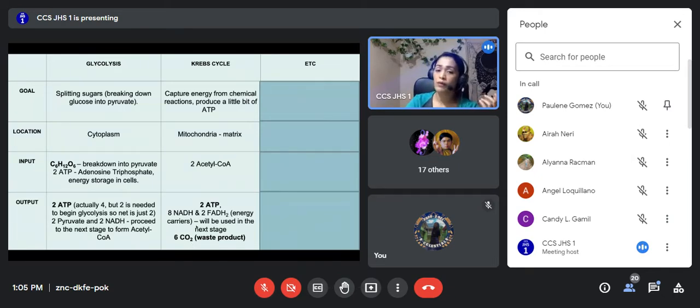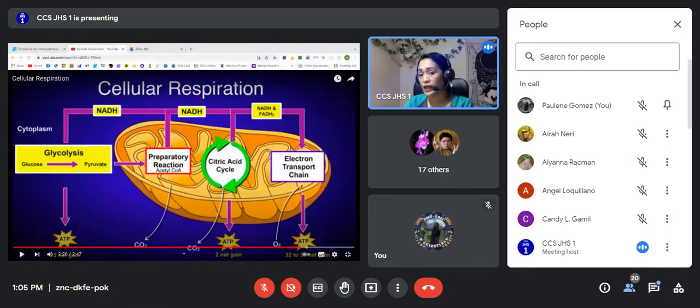Another important thing that we need to take note of is that from glycolysis and from citric acid, there are substances called NADH. NADH are substances that can be processed later on during the last stage, and these substances are a potential form of ATP. Let me repeat that statement.